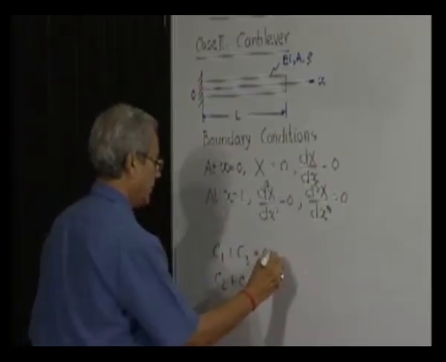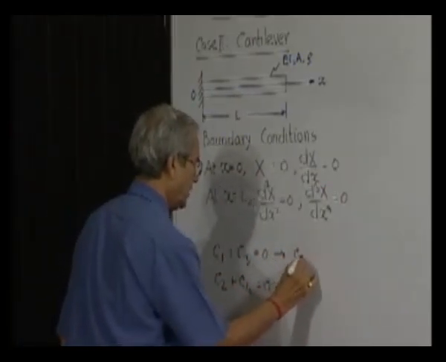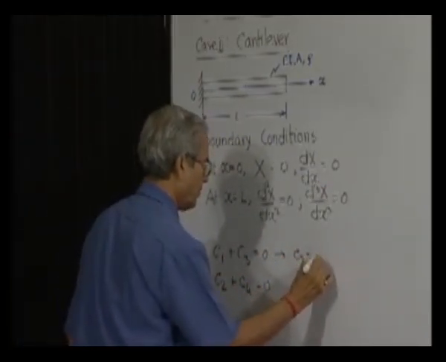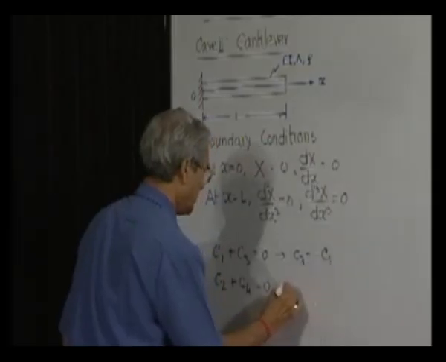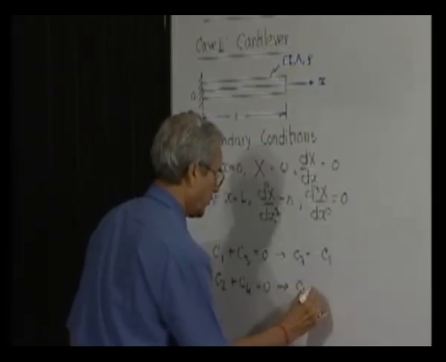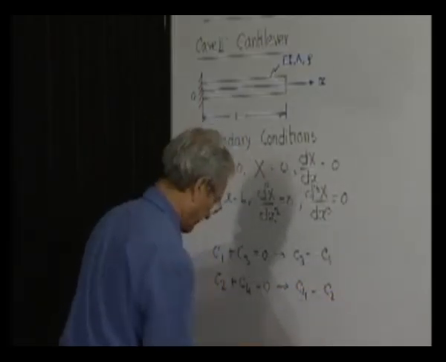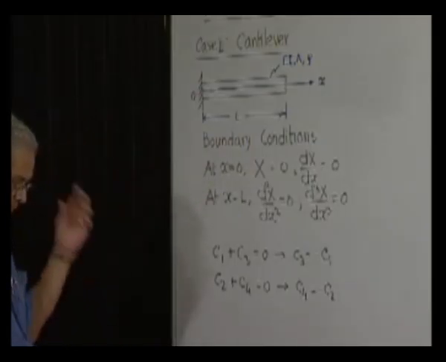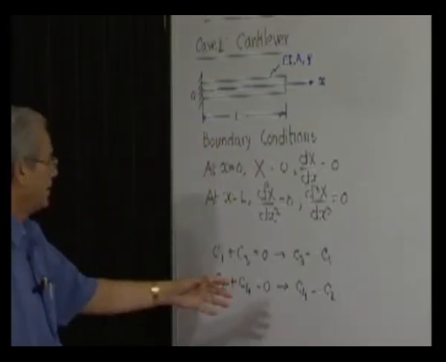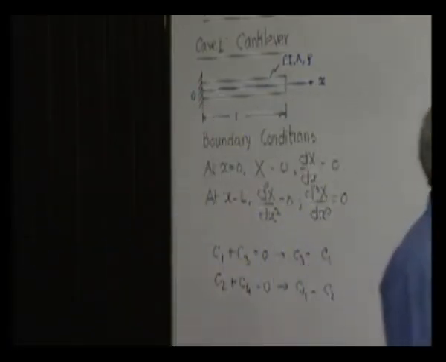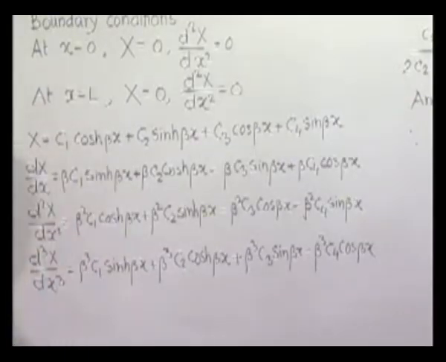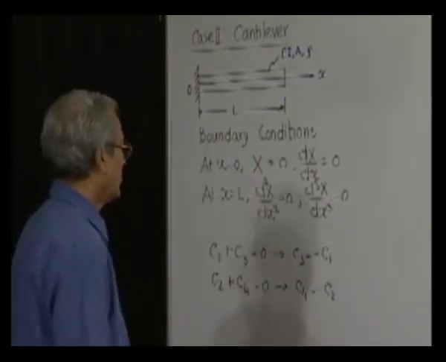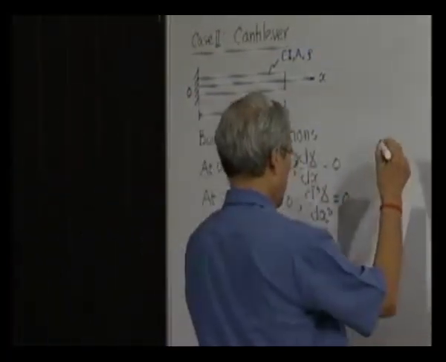So this will give C3 equal to minus C1, and this will tell us C4 equal to minus C2. Then we can use these in the two other equations and put x equal to L and equate them to 0. So we will get these two equations then.